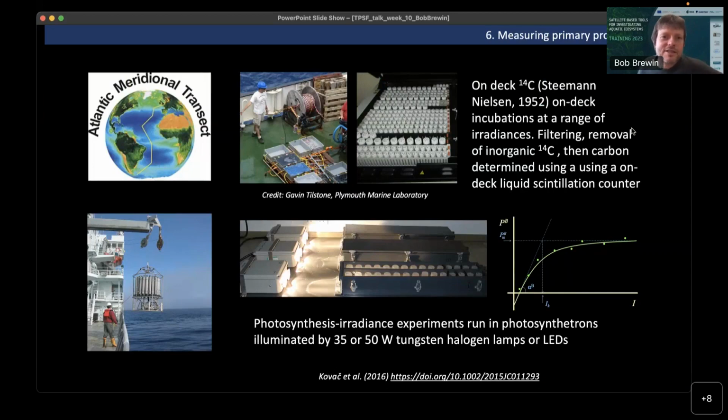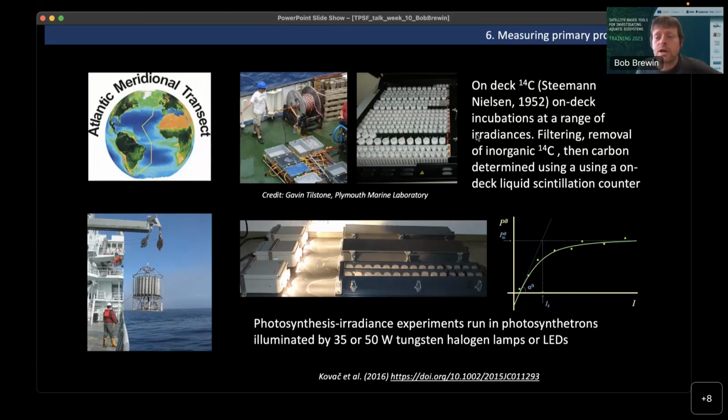on AMT. So this is a figure I actually took from Gavin Tilstone, who would come on board the AMT and do a lot of these on-deck incubations. So what you would do here is you would collect a water sample pre-dawn, before the sun rises, and then you would incubate them on deck over the course of the day.